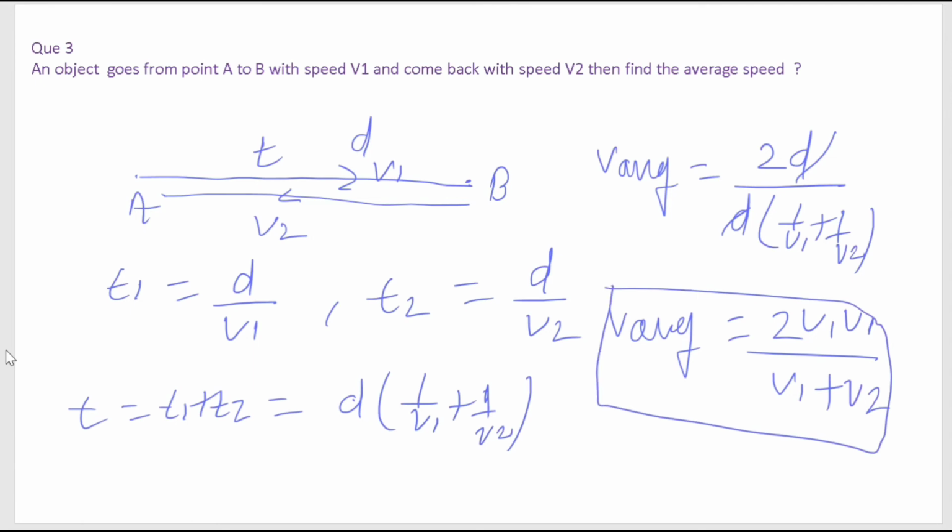This is the formula for average speed when we go from point A to B and come back to the same point with different speeds. Now let's apply this formula to the last question.